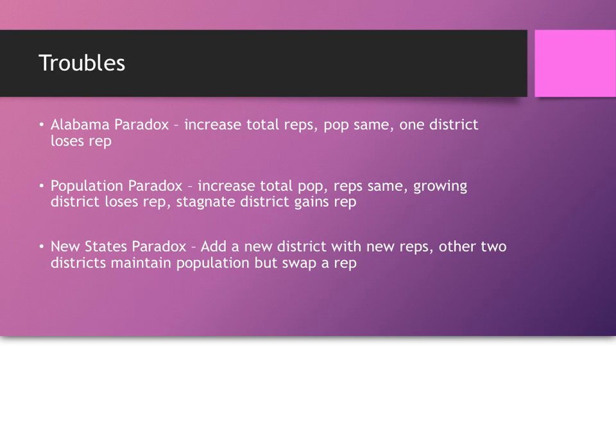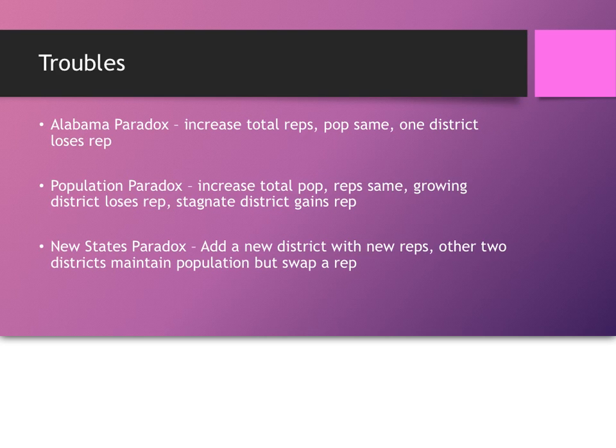Like I said, there's one other. It's called the new states paradox. And basically, if we add a new district, and the district has new representatives, so if we added on a district G to our examples before, and maybe all of the exact same, let's assume, for instance, G was allocated exactly 5 representatives. And we went from 100 representatives to 105 representatives. G was allocated 5. Everything else stays the same.